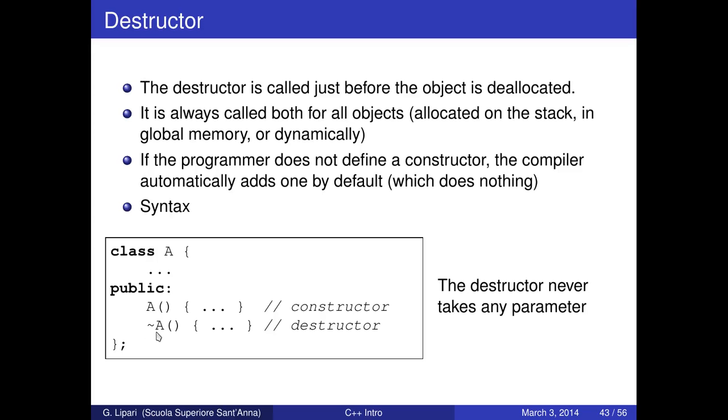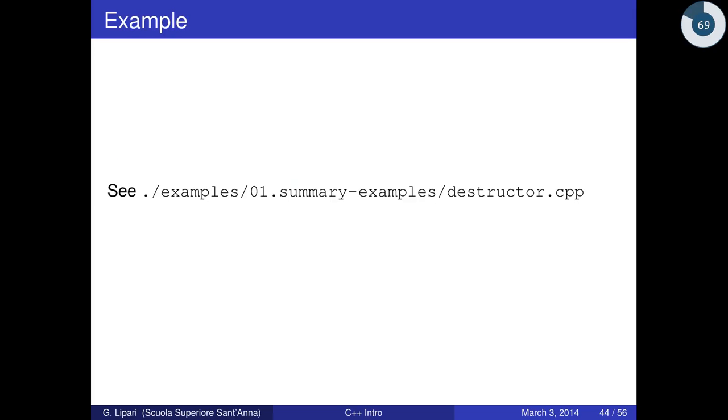The syntax for the destructor is that you have to put this symbol, tilde, in front of the name of the class, and then here you write the code for the destructor. The destructor, of course, never takes any parameter. There is no need to pass parameters to the destructor.